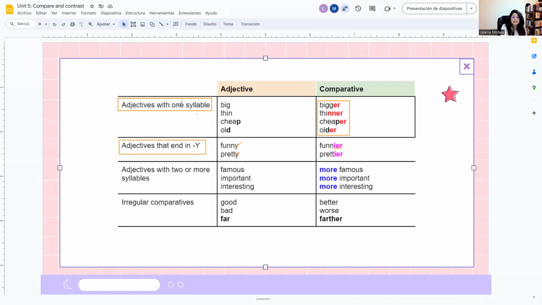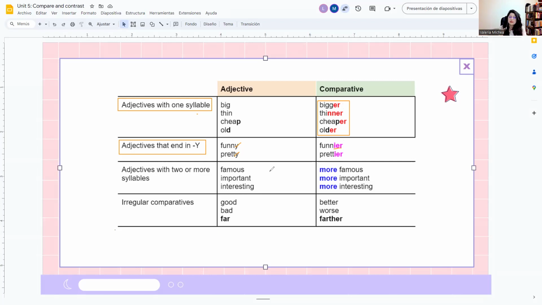Because we said adjectives with one syllable go with ER. But also two-syllable adjectives or more than two syllables ending in Y, then they are the exception and they need to go with IER. So funny, funnier, pretty, prettier, also healthy. We have healthier.